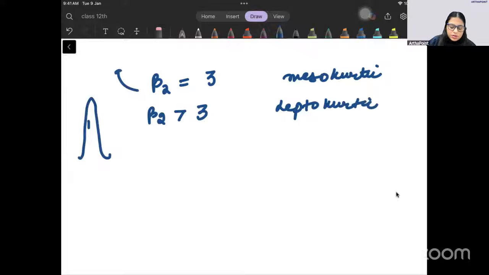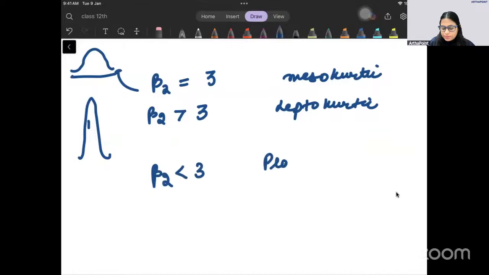This is a normal data. And when we have platykurtic, that means beta 2 is less than 3. That means it is a flat and spread out data set. So the normal distribution is mesokurtic.